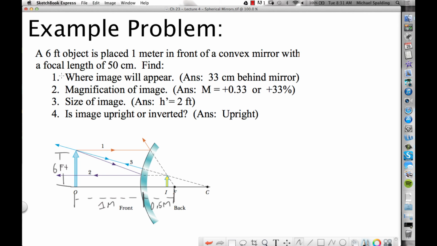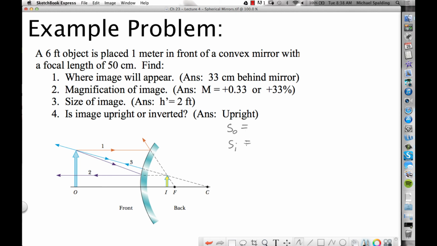So what we're solving for is where the image will appear, the magnification of the image, the size of the image, is it upright or inverted. So take like 5 minutes, see if you can solve it. Do this problem. I recommend you summarize your data. Just list everything out.